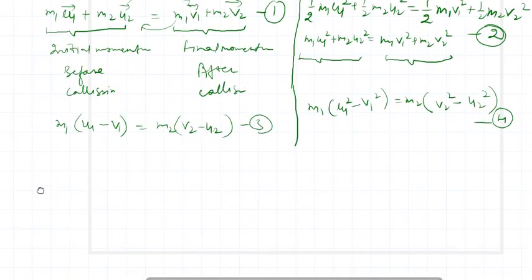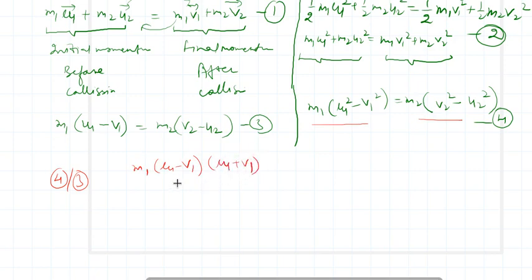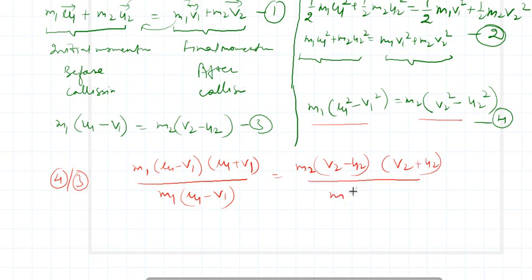Now let us do a little algebra. I will divide equation 4 by equation 3, and if I do this, the squares can be expanded, so I can write m1 (u1 minus v1)(u1 plus v1) divided by m1 (u1 minus v1) must be equal to m2 (v2 minus u2)(v2 plus u2) divided by m2 (v2 minus u2).